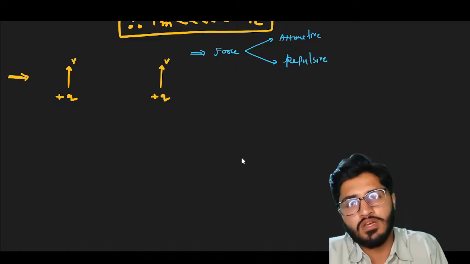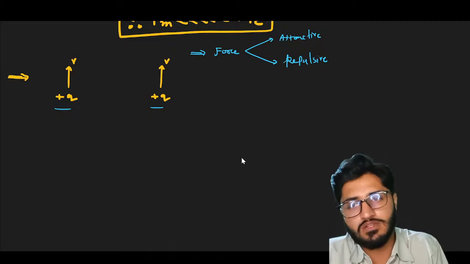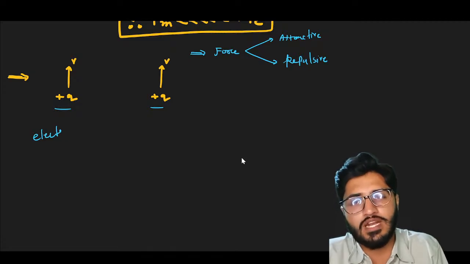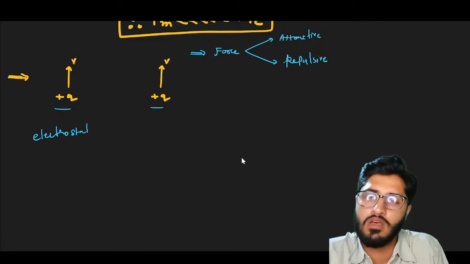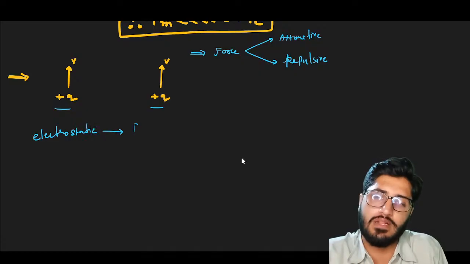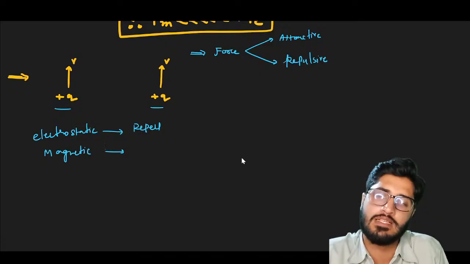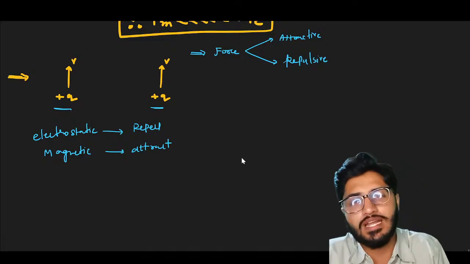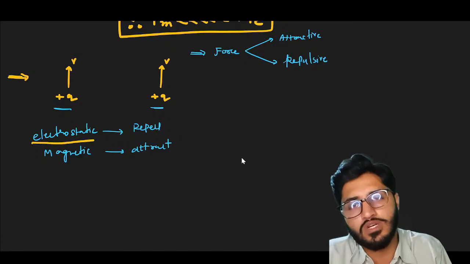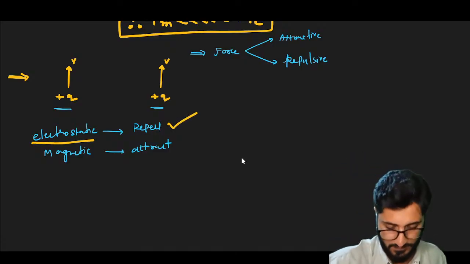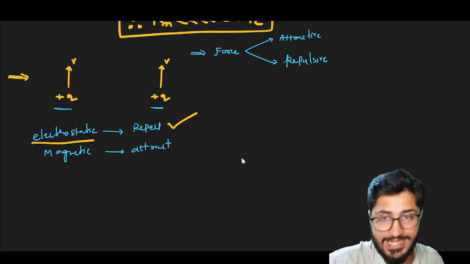Okay, sir, positive, repulsive. So according to the electrostatic concept, they will repel. If you use the magnetic concept, same direction, same current, they will attract. So what is the final answer? Sir, we know that electrostatic is the dominant one, so repulsion is the correct answer.